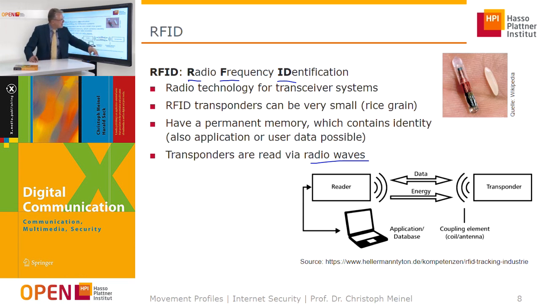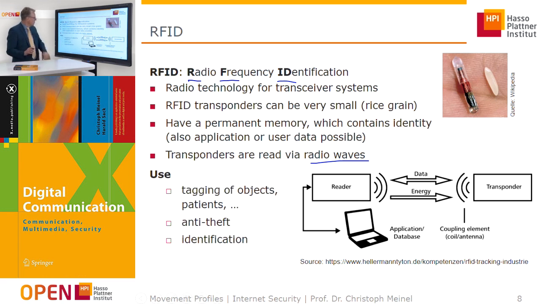The transponder itself needs an antenna for that radio wave communication. The use of such RFID tags, chips, transponders and systems is to tag objects, for example, to tag patients in a hospital.